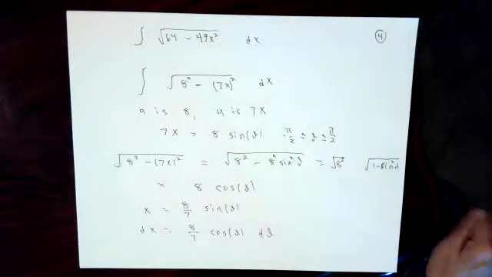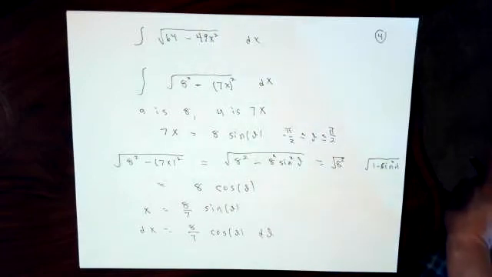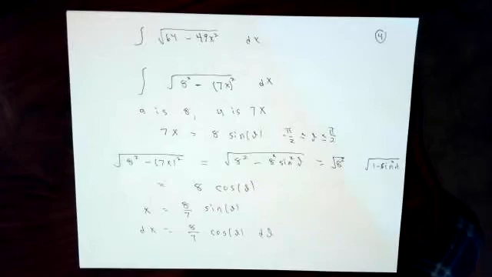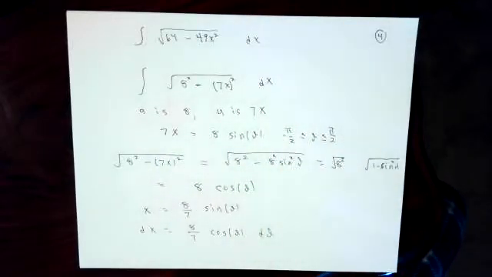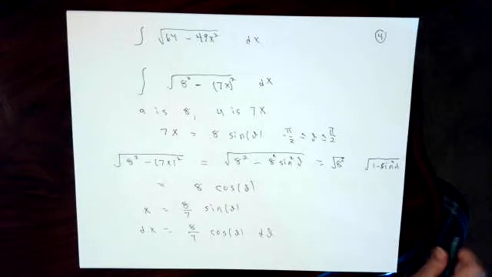times cosine theta. You can actually solve for x in terms of the other stuff by taking this formula and dividing through by 7. The derivative would be 8/7 cosine theta. So dx is just going to be 8/7 times cosine theta d theta.